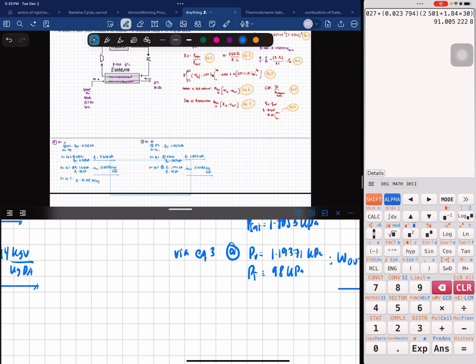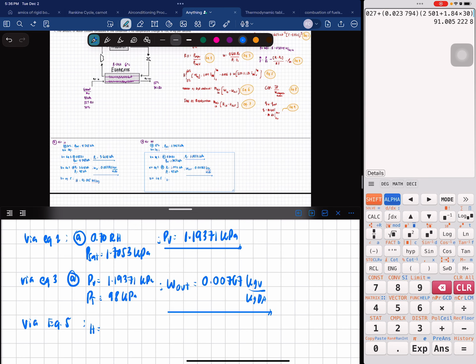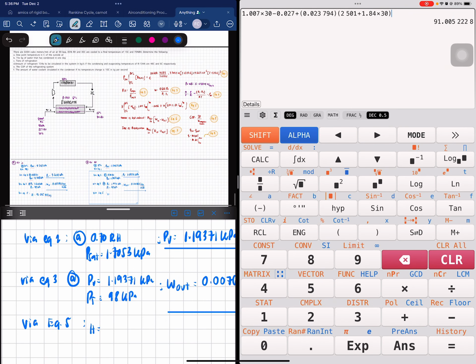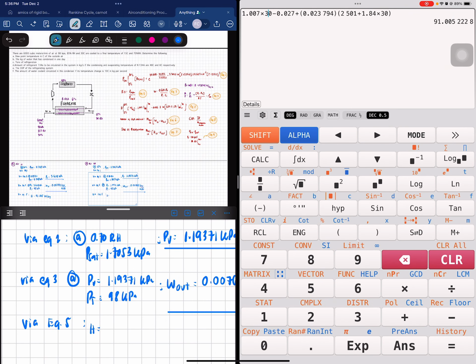Okay, same here via equation 5. Instead of using 30 degrees Celsius, we'll use 15 degrees.